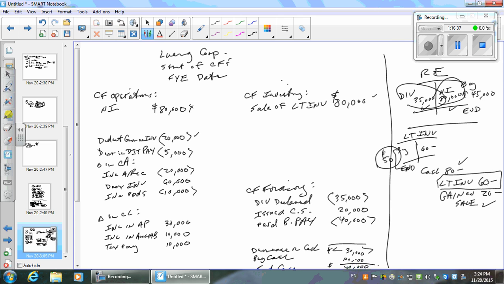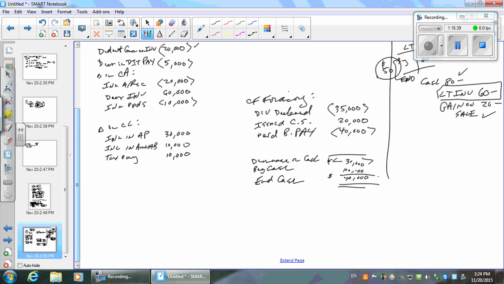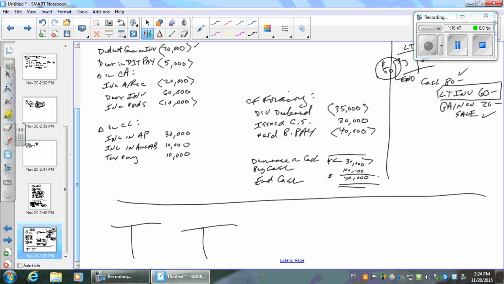Let's get ourselves a little more room here. Okay, so let's do plant and equipment. Okay, what do you know about plant and equipment? Plant and equipment, accumulated depreciation go together, right? What's the change in plant and equipment, beginning to end?